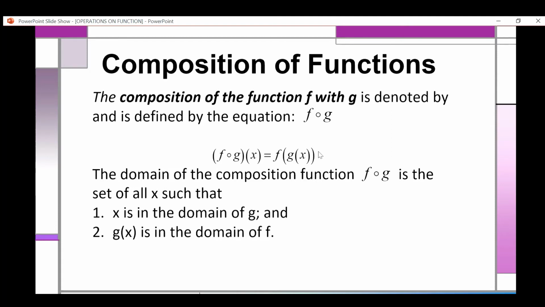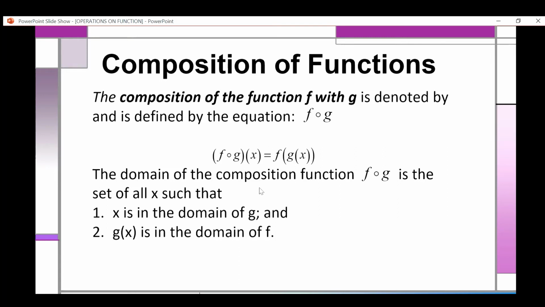Okay. Pag ganito klase yung operation natin, para lang tayong nag-i-evaluate ng function. Balikan natin yung lesson natin nung nakaraan. Diba sabi natin dun sa evaluation ng function, pwede tayong mag-evaluate ng algebraic expression. Okay? So, dito, ang isa-substitute natin is yung buong isang function. Okay? So, pero may condition daw dito.